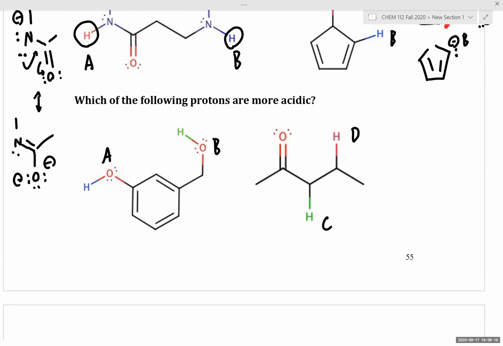And when in doubt, make sure to draw out your anions and check to make sure which anion is more stabilized via resonance and conjugation. Let's try to get a few more responses in the chat, and then we'll discuss this example in about another minute.